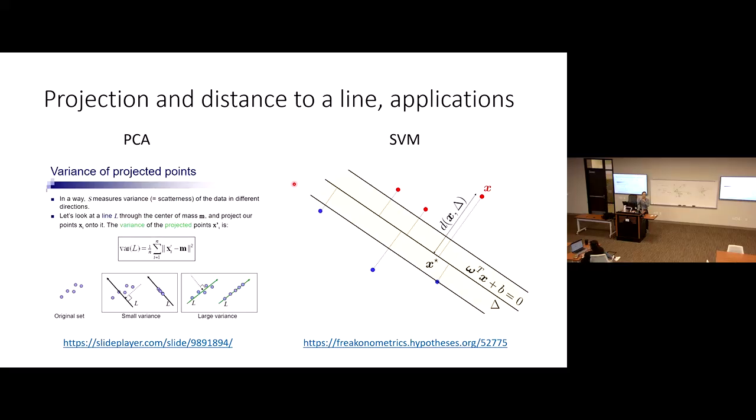So you want to find a line which is away from the interface between these two groups. So you want to maximize the distance between data points and the line.